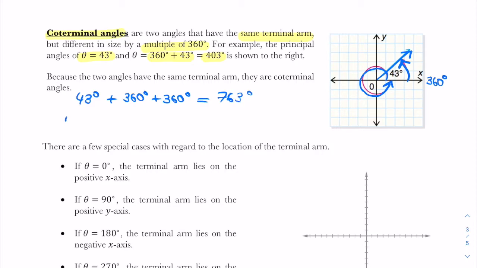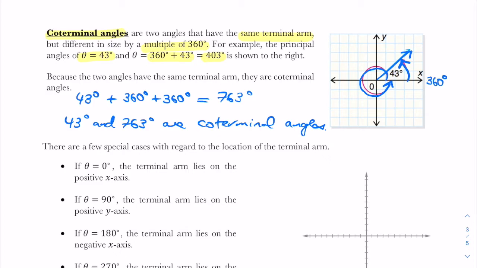We would say then that 43 degrees and 763 are coterminal angles. And this is because they're different in size by a multiple of 360.